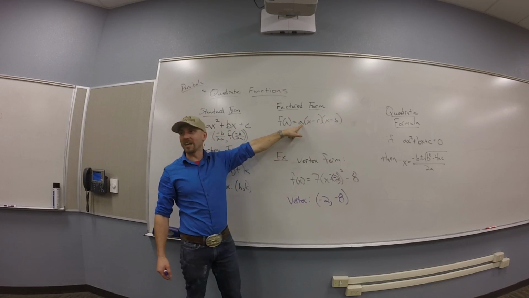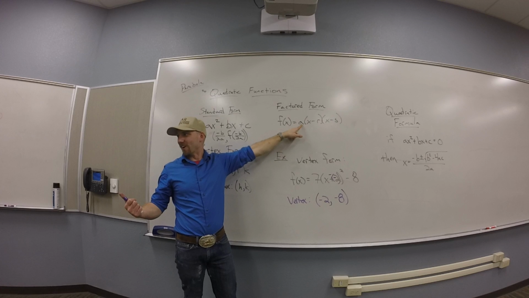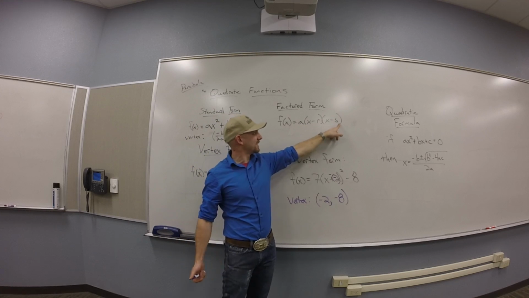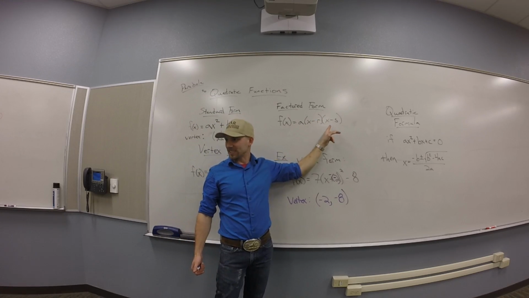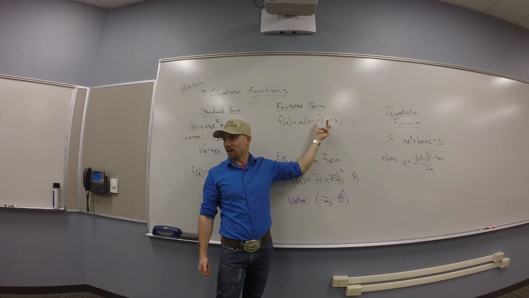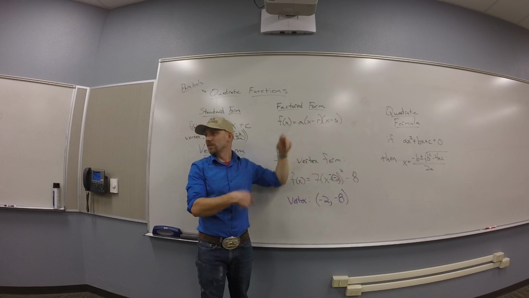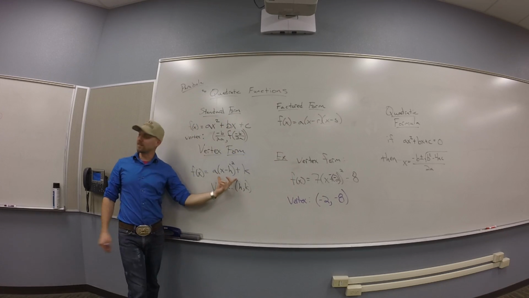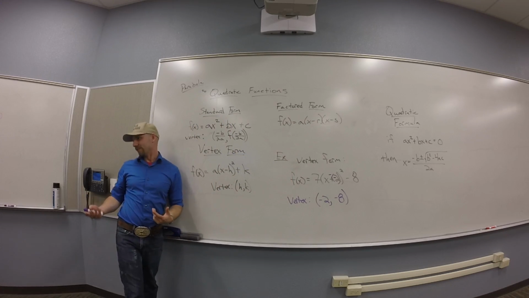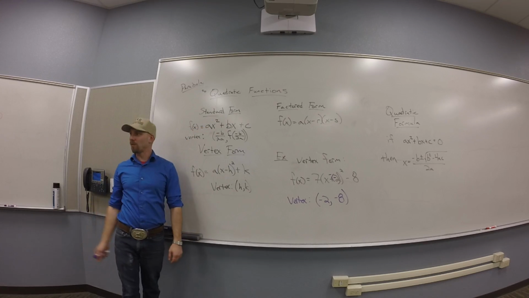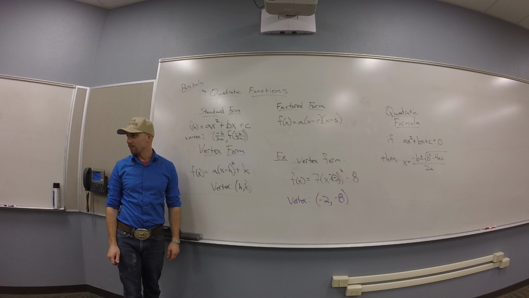The stretching by a is still a vertical stretch by a, but the shift isn't consistent. So I can't apply shifting rules to this. I could multiply this out and then complete the square to get it into this form, and then use the shifting rules that I know and love. But standard form and factored form aren't going to do shifting rules well for you.